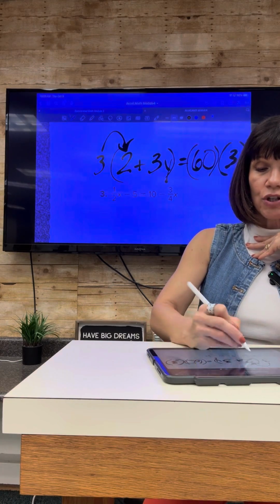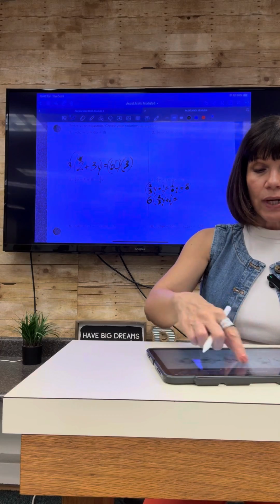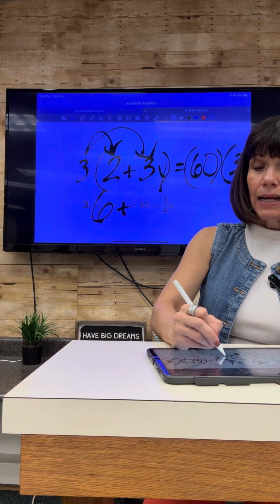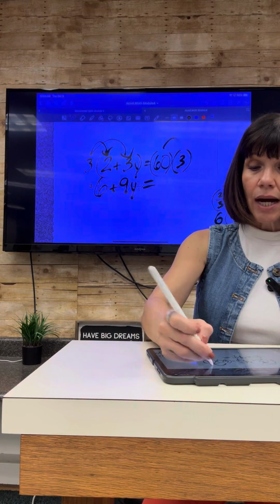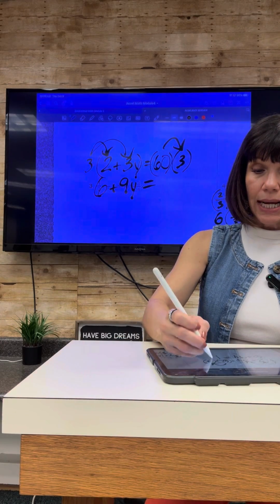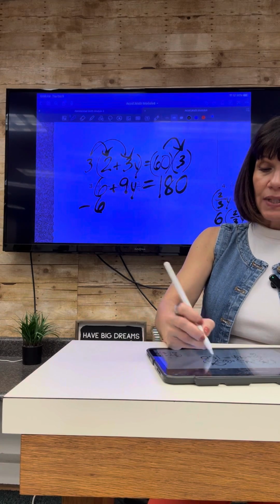Watch. Don't write this down, this is just to show you how this works. 3 times 2 is what? 6. 3 times 3y is 9y. Now let's look at the other side. 60 times 3 equals 180. Okay, I would subtract 6 from both sides.